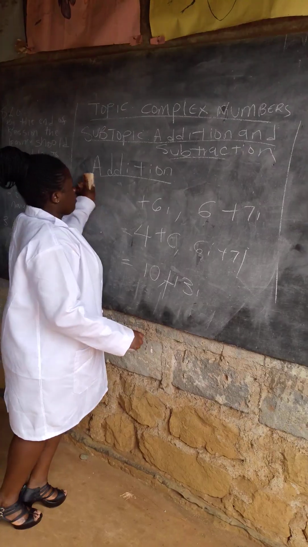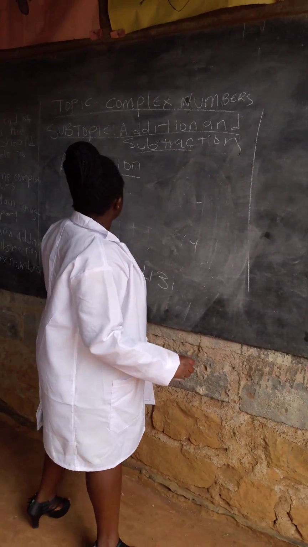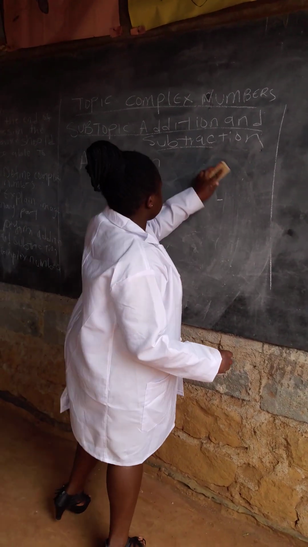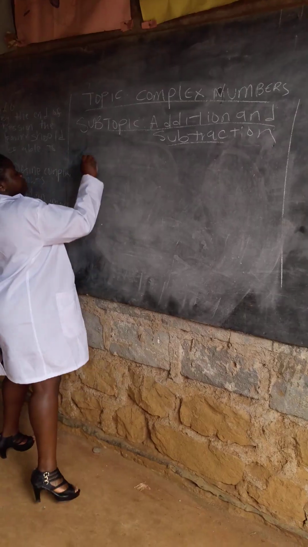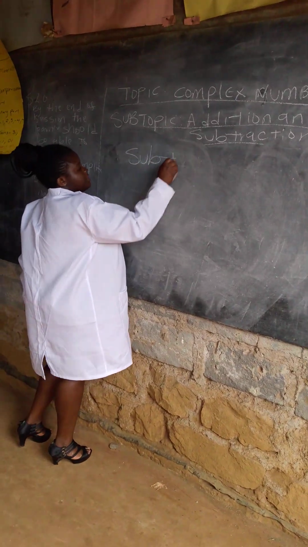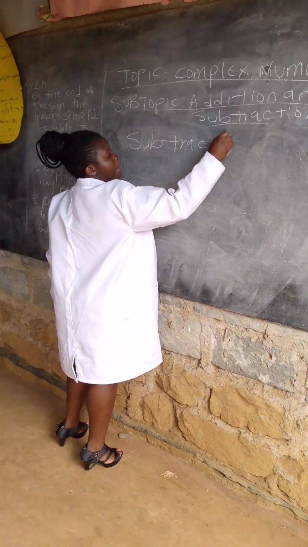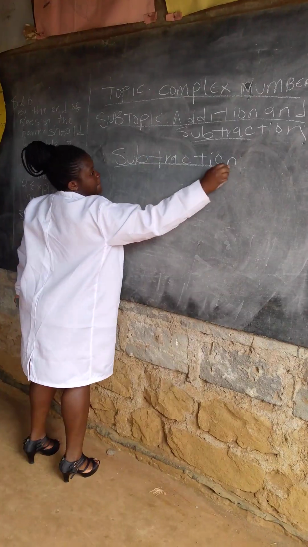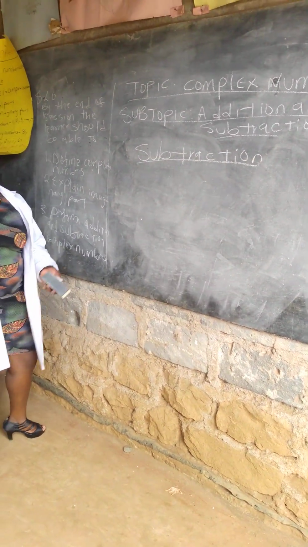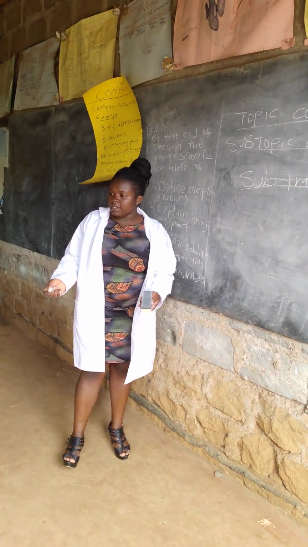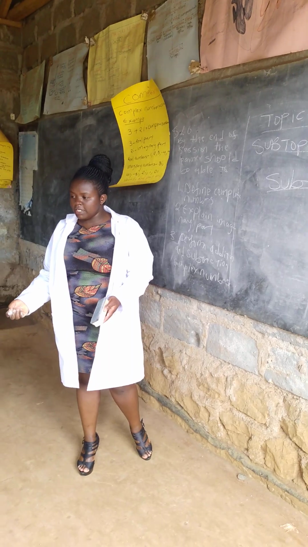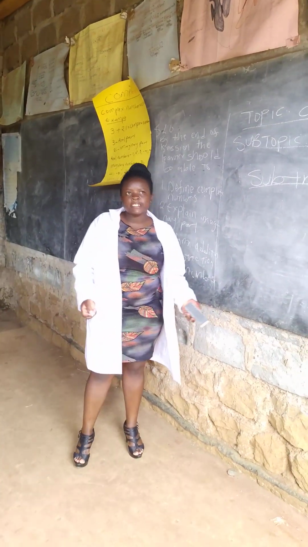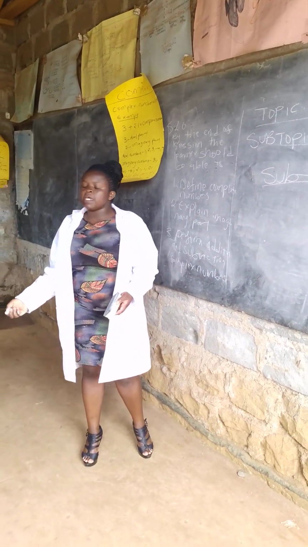So we are going to talk about, again, subtraction of complex numbers. Write down: subtraction of complex numbers. It can also be done like the addition of complex numbers, where you subtract the real part and also subtract the imaginary part.